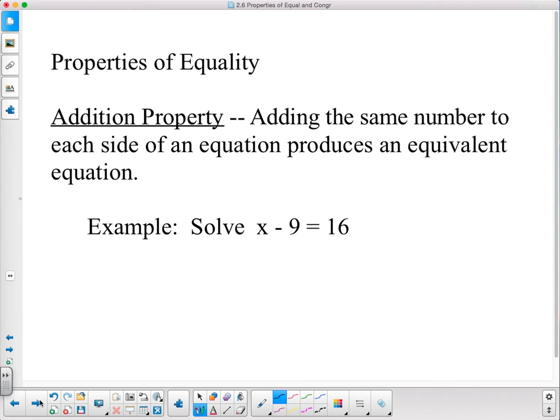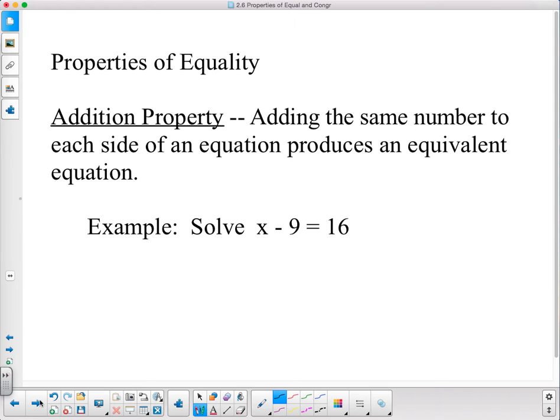So these will be used in solving equations a lot. So the addition property, and it's the back side of that note sheet I gave you if you're using it. Adding the same number to each side of an equation produces an equivalent equation. What's equivalent equation mean? An equation that has the same solution.